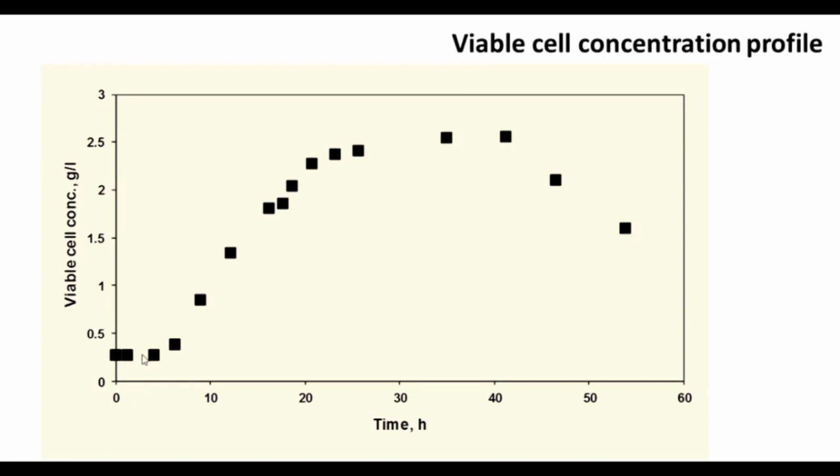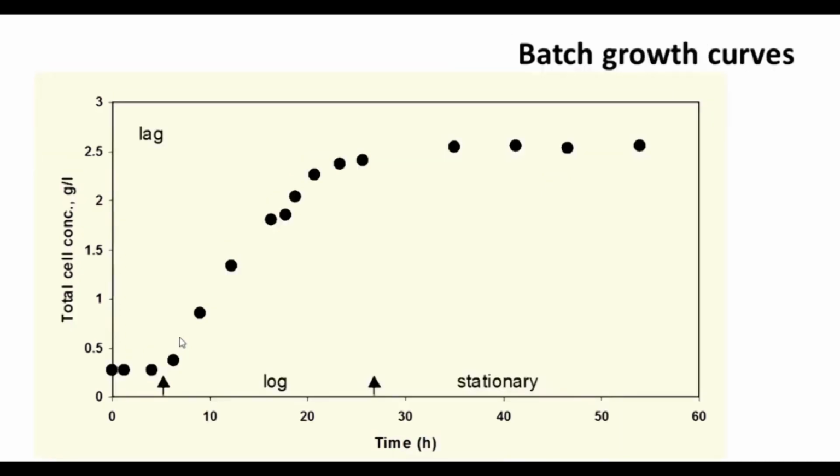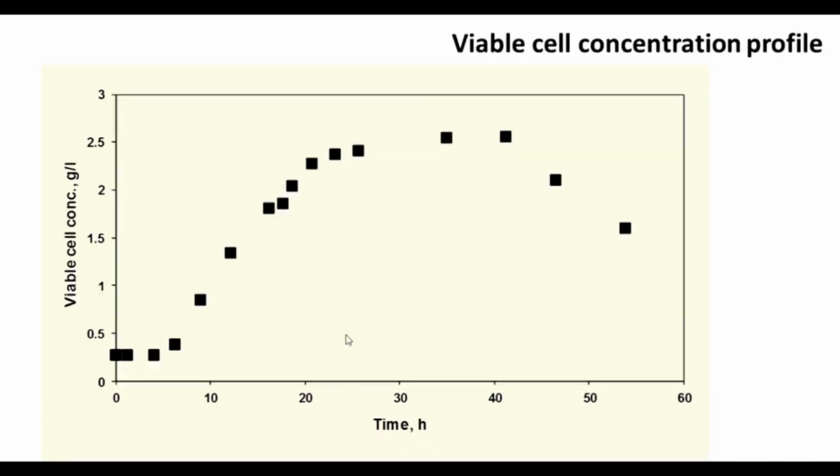As you can see, there is a good overlap of the viable cell concentration with the total cell concentration in this region, and then at around 40 hours it starts going down as expected, because the viable cell concentration would drop after some time in the stationary phase.